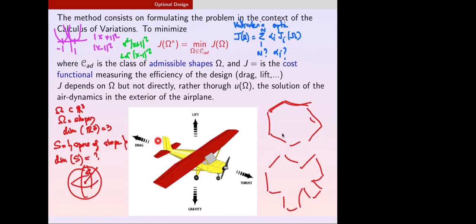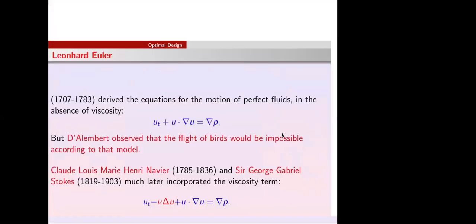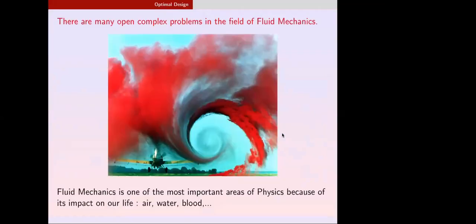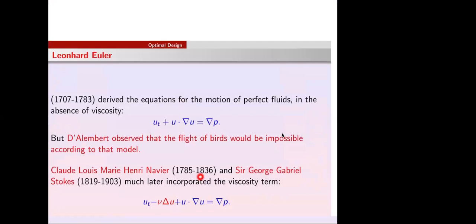So now when you see this, you say, well, this looks to be a purely geometric problem. It's purely static. Where does dynamics appear? Where does control theory appear? Well, it appears because the models for continuum mechanics are given by the Euler and Navier-Stokes equations.